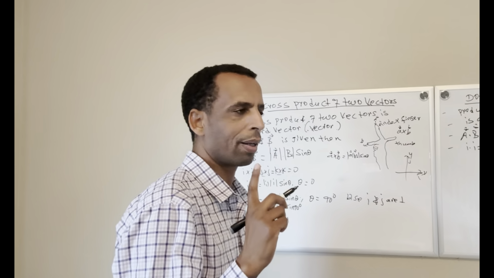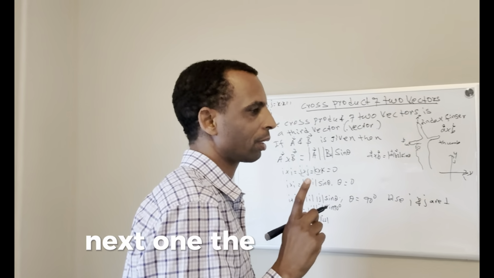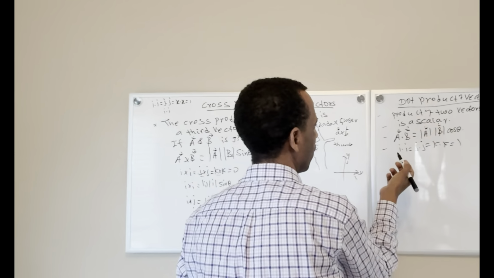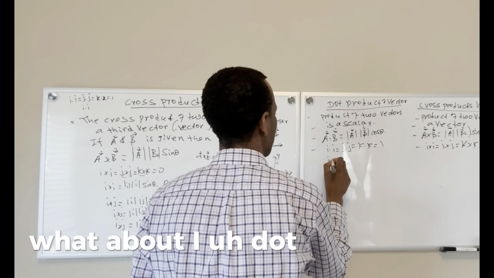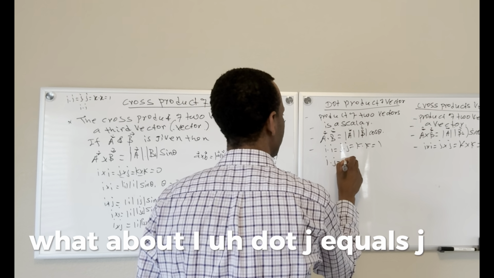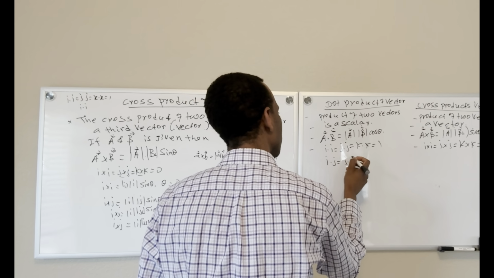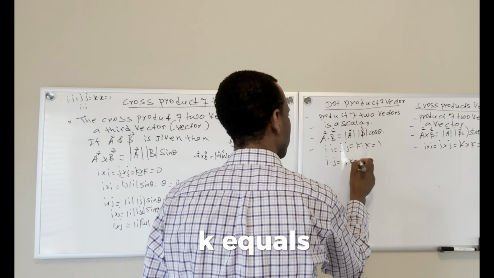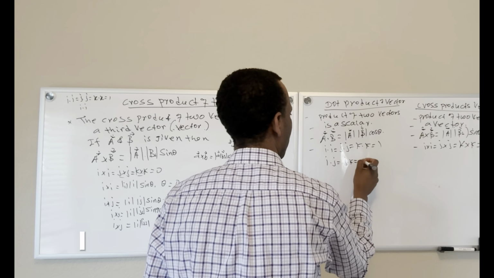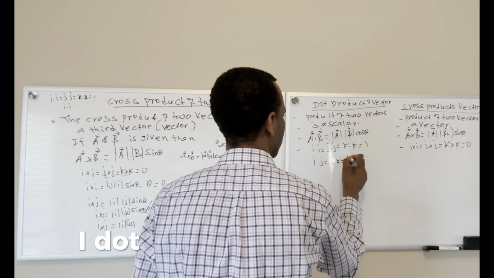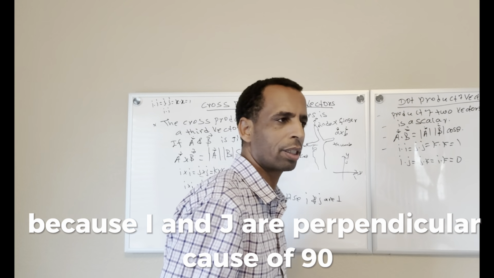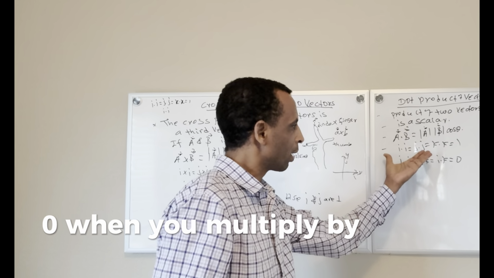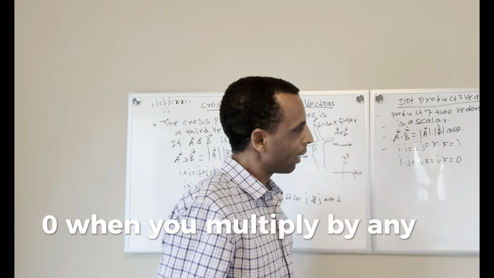The next one: I dot J equals J dot K equals I dot K, this is equal to 0. Why? Because I and j are perpendicular, 90 degrees, and when you multiply any number by 0 it is 0.